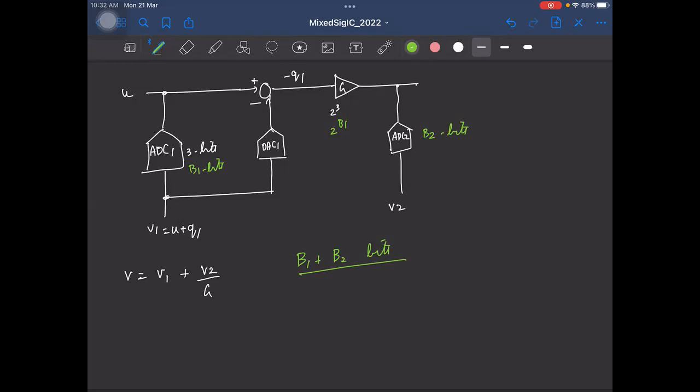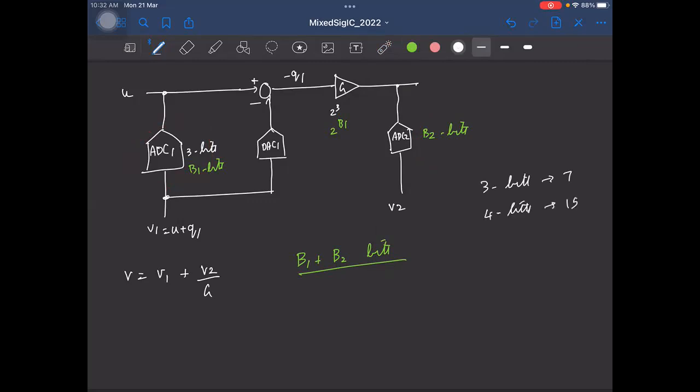Yeah, let's compare it also, right? So let's say he has a point. He's saying, okay, you have 2 ADCs, so you're adding extra area. So let's compare the area. Right? Let's say you try to realize a 3-bit ADC. How many comparators do you need? 7 comparators. For 4 bits, how many comparators do you need? 15.